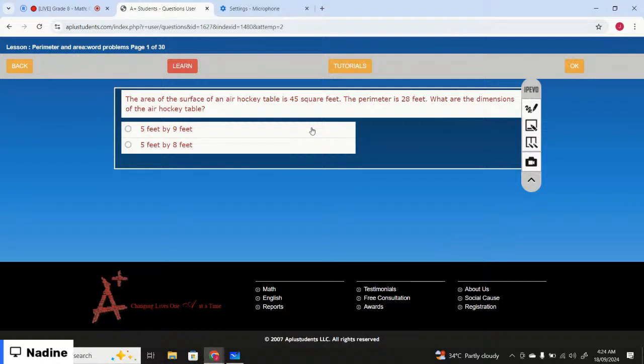You need to find the dimensions, right? That is 9 times 5, right? 9 times 5 makes 45. And when you add, 9 plus 9 is 18 and 5 plus 5 is 10. So 18 plus 10 makes 28 feet. So option number 1 is the correct option.